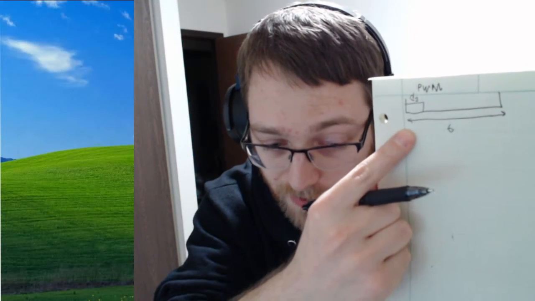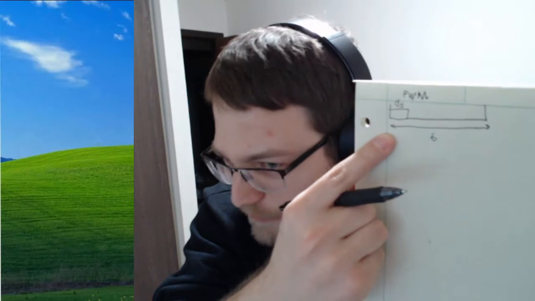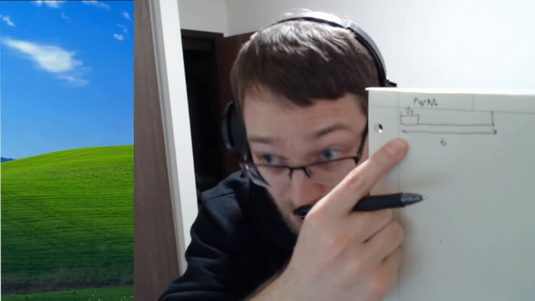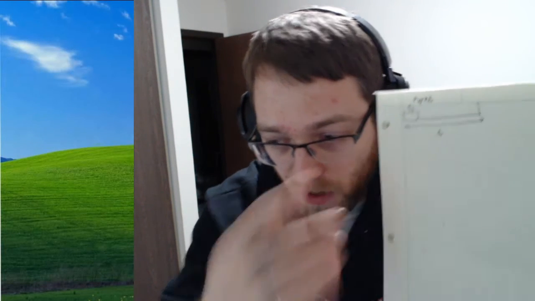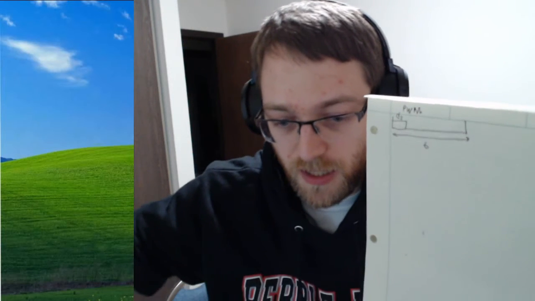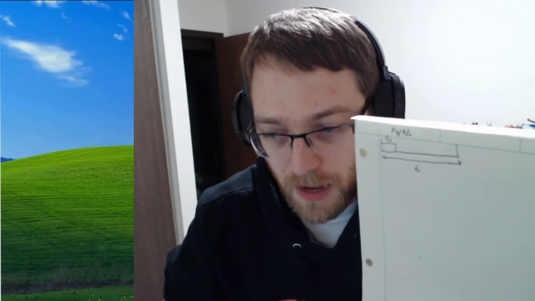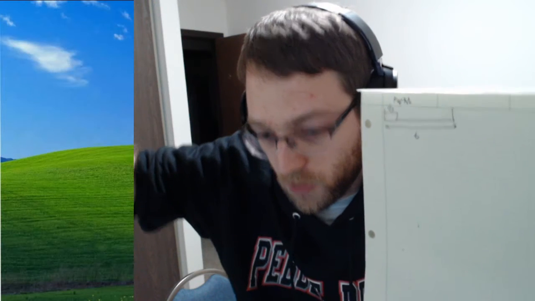This first thing here looks like about a 20% duty cycle. So on the other side of it, you'd see 0 volts 80% of the time, and 3.3 volts 20% of the time.